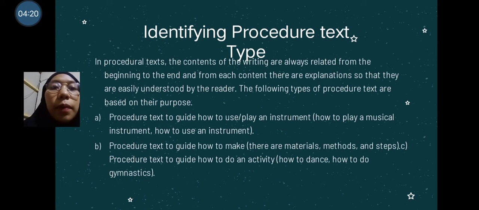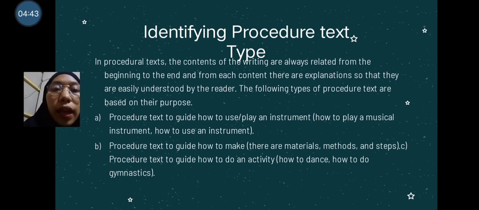And identifying procedure text types. In procedure text, the content of the writing is always related from the beginning to the end, and each content has explanations so that it is easily understood by the reader. The following are types of procedure text based on their purpose.